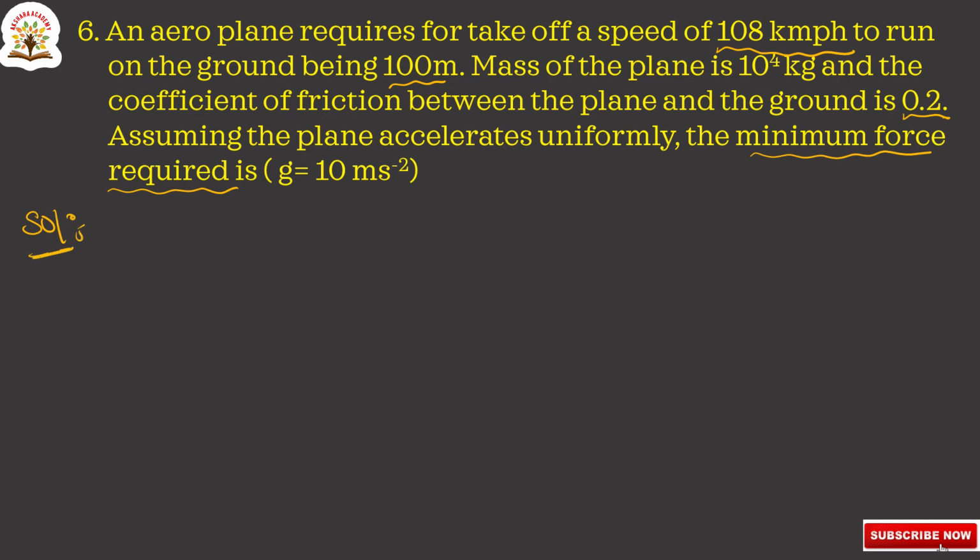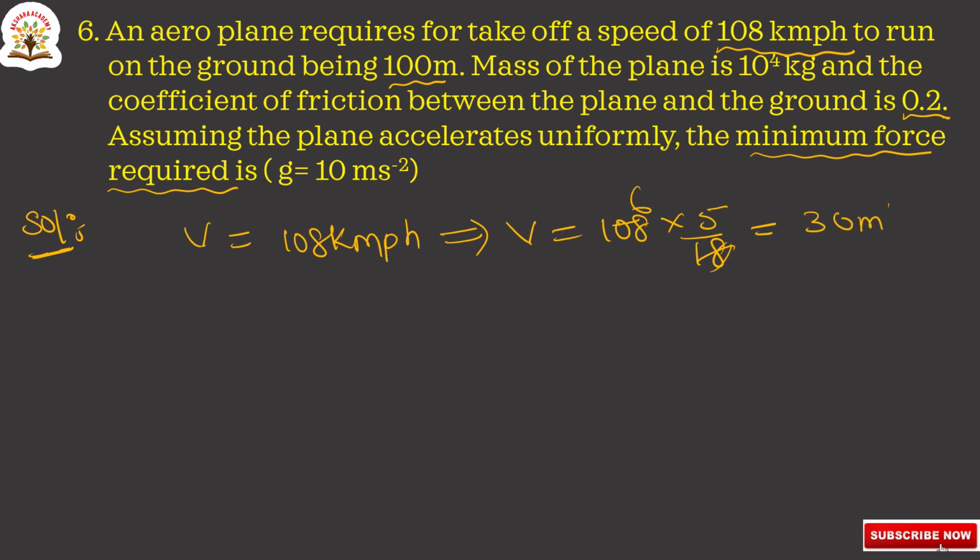Here, first we have to convert this kilometer per hour to meter per second. V is equal to, they given as 108 kilometer per hour. So V is equal to 108 into 5 by 18. So 8 1s are 8, 6 are 6, 5s are 30 meters per second. Now net force is equal to F minimum minus Fk.